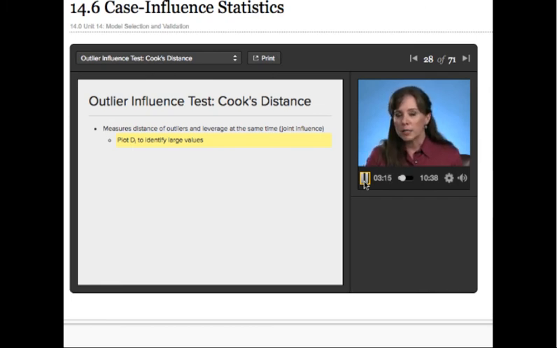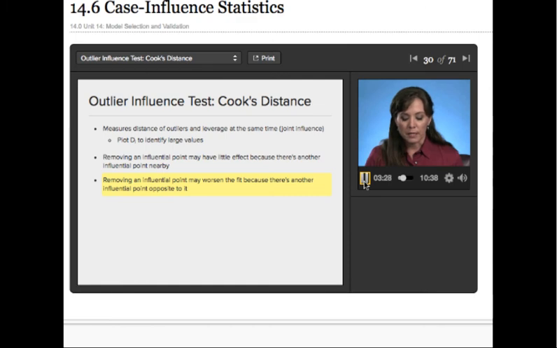But one of the things we need to remember is that when we remove an influential point, it may have little effect because there is another influential point nearby. Removing an influential point could actually worsen the fit because there is an influential point that's opposite it. So when we remove an influential point, we're going to change all of these statistics, and we may actually create more havoc than we actually solve by removing the point.